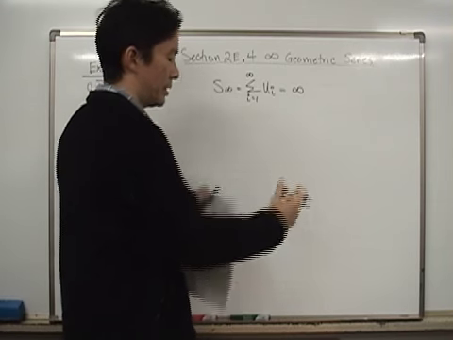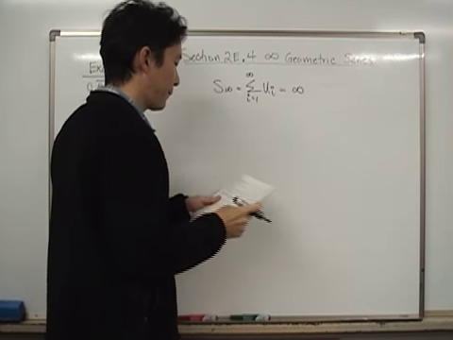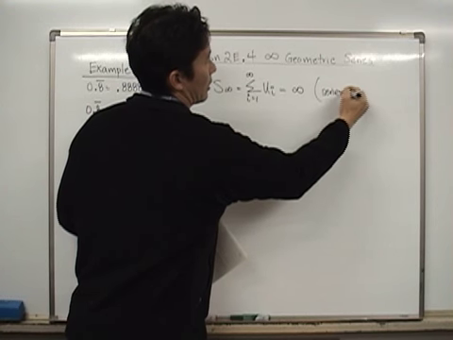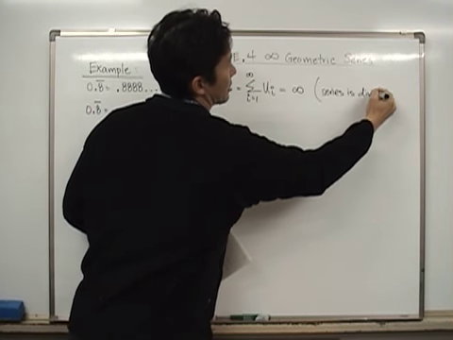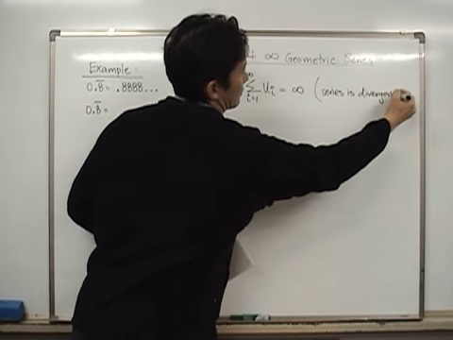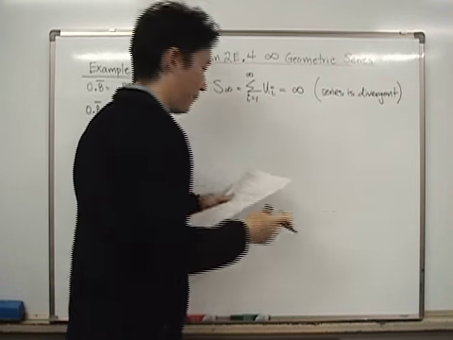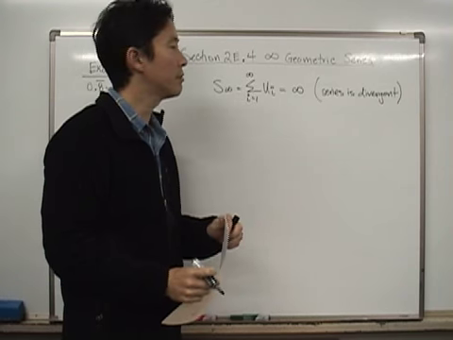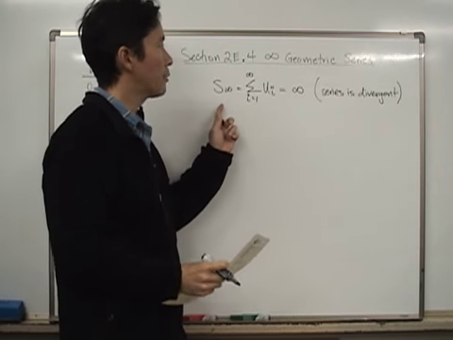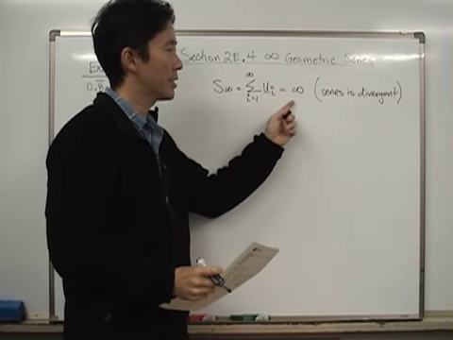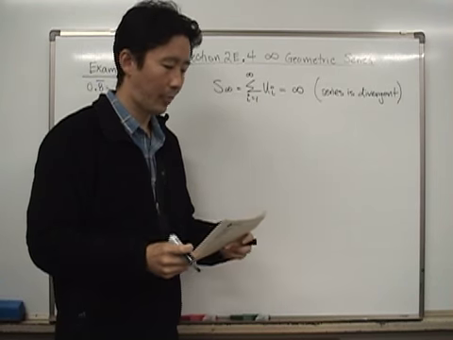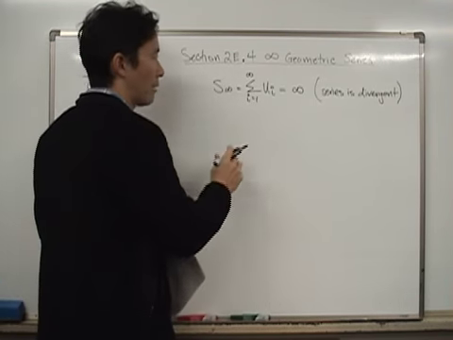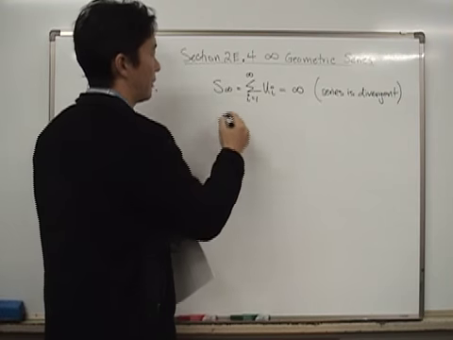For these types of situations, we say that the series is divergent, or you can say that the sum diverges to infinity. Those are two ways you can talk about any infinite series where the sum is equal to infinity.